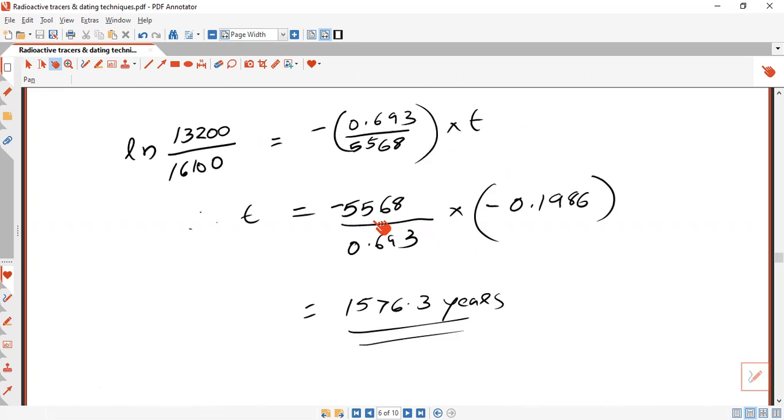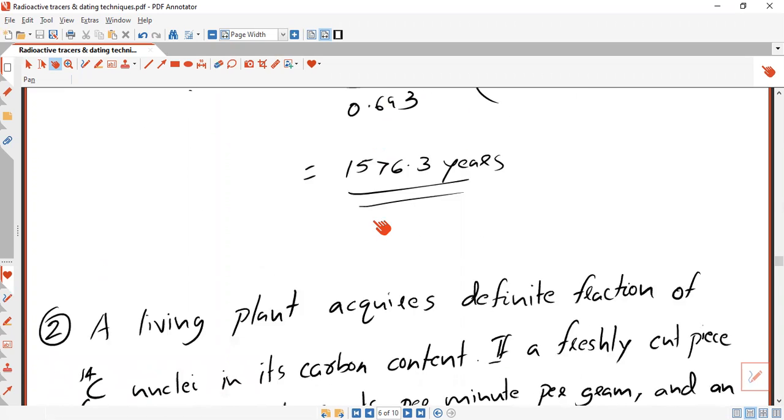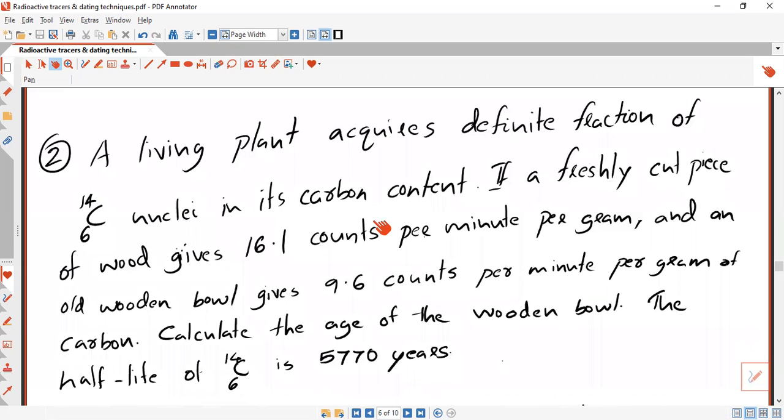Hope you understood how to find the age of a particular material by using radiocarbon dating. Then let's come to another example. The question is: a living plant acquires a definite fraction of C14 nuclei in its carbon content.